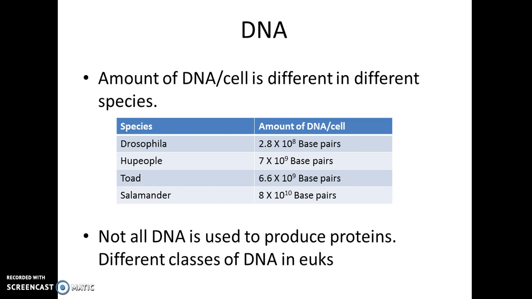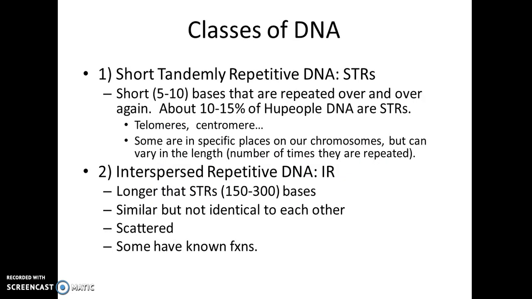Now remember, in eukaryotes, not all the DNA is used to produce proteins. In fact, there are different classes of DNA. So you might be asking yourself, what are the different classes of DNA? Awesome question. The first class are short, tandemly repetitive DNA sequences, which are also known as STRs.